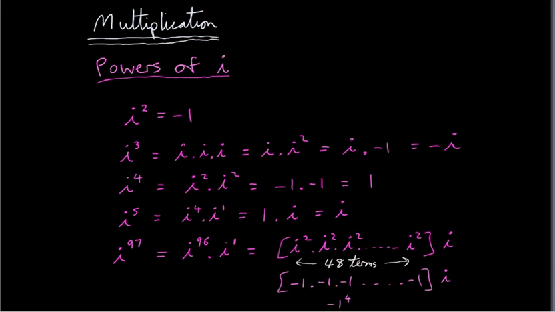If we multiply minus 1 by itself so that we have an even number of minus 1's, we get plus 1. See, because if we can group them into 2's, this is plus 1, and the next pair is another plus 1. And in total we will have 24 of these pairs. 48 divided by 2 is 24. So what we end up getting is plus 1 times i. But plus 1 times i can be just written as i. So now we know that i to the power of 97 is i.